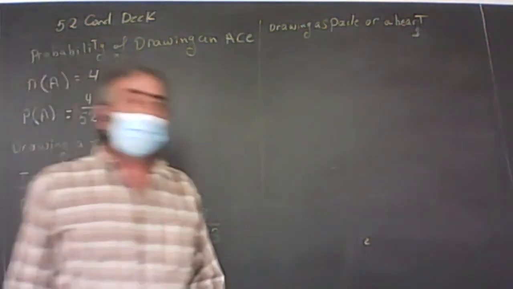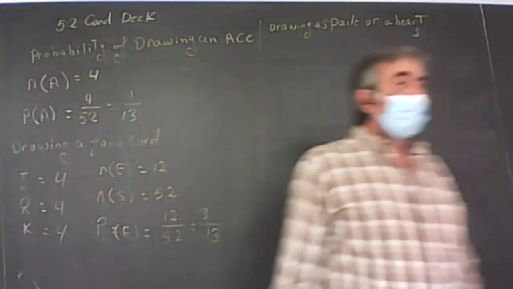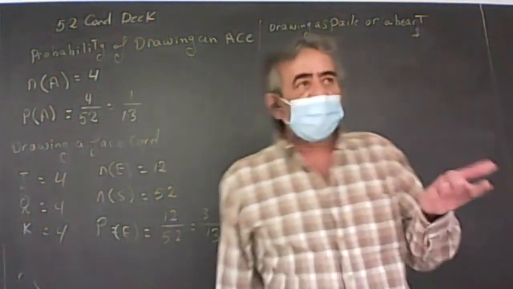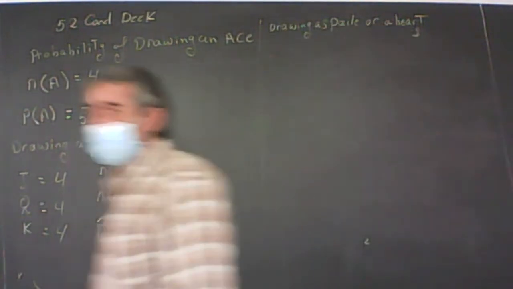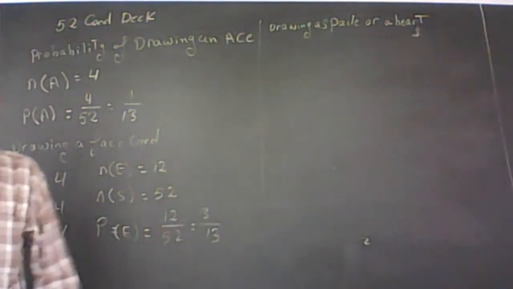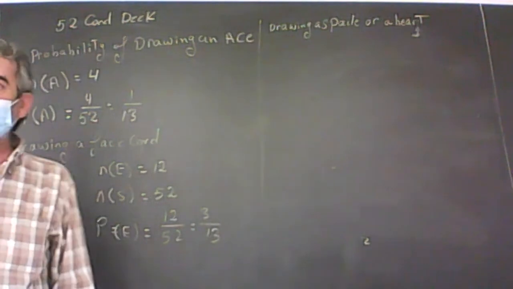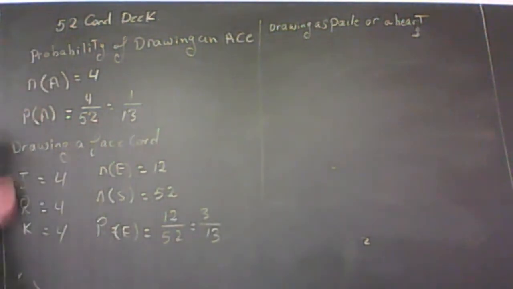We have 4 different suits, right? And they are spade, heart, diamond, and clubs, right? And each suit has 13 cards, from 1 to 10, and Jack, Queen, and King, right?